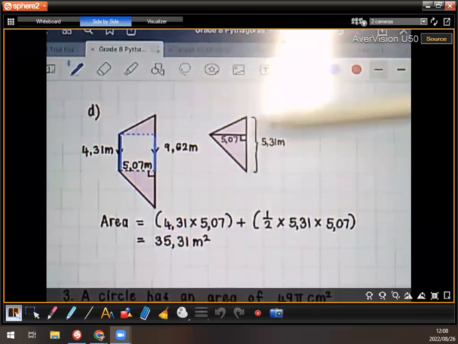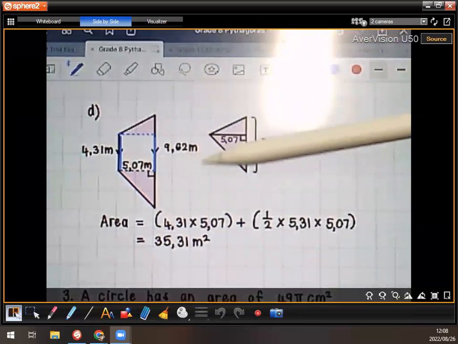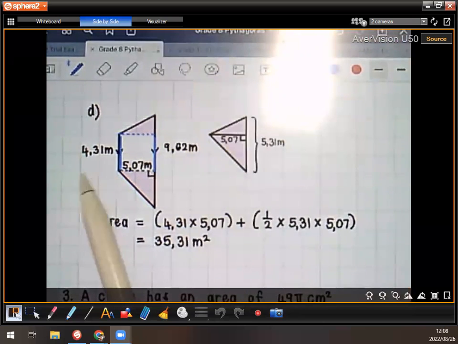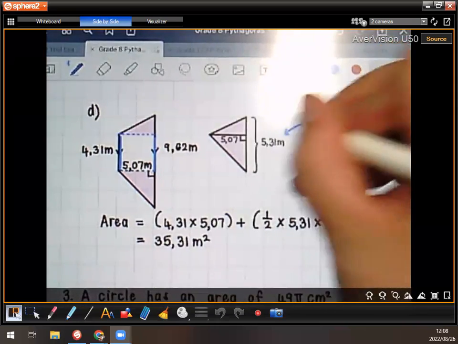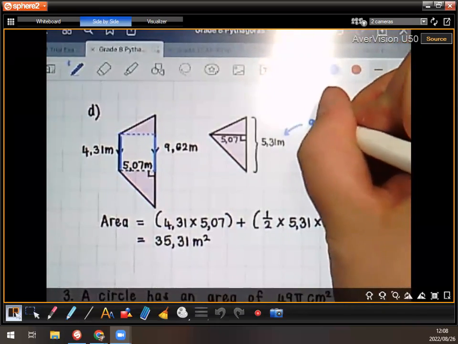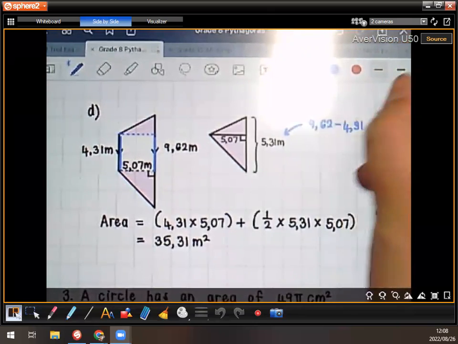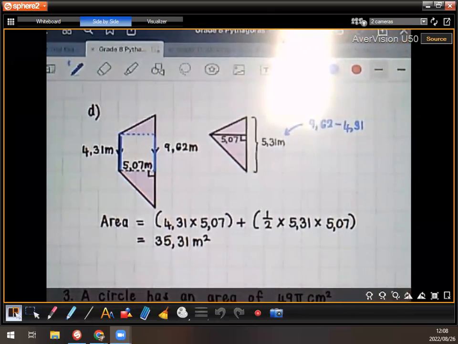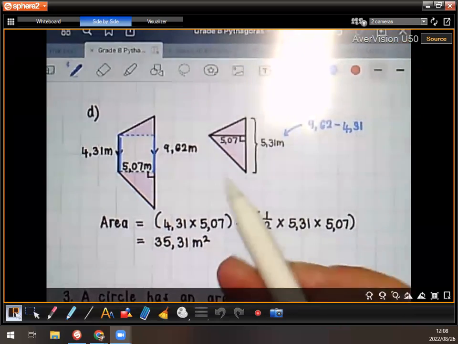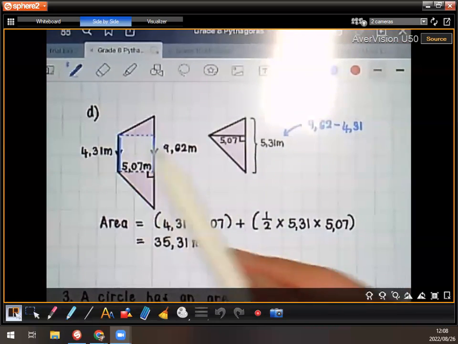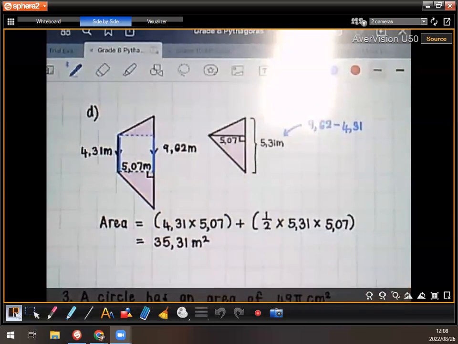That base is going to be 9,62 minus 4,31. So that's how I got that value, guys. 9,62 minus 4,31. Okay, and that gave me 5,31. That triangle has a perpendicular height of 5,07.